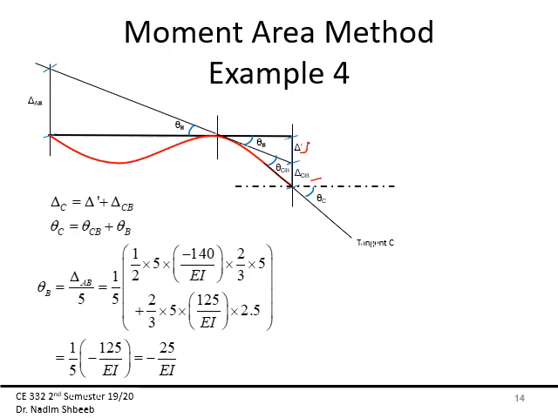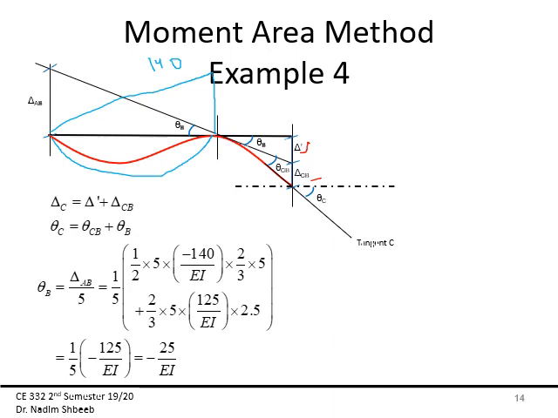Let me use a different color for the moment. So again, for this part, I'm going to have to use this triangle right here, which is 140, and I'm going to use this moment diagram, which is 125.